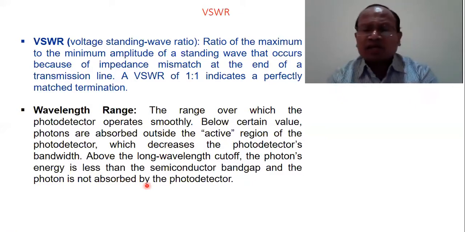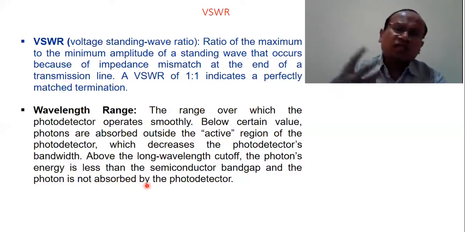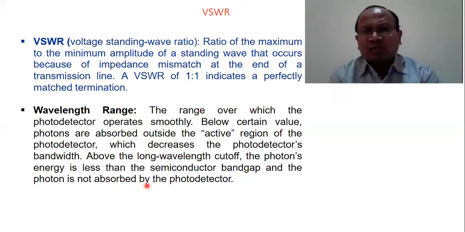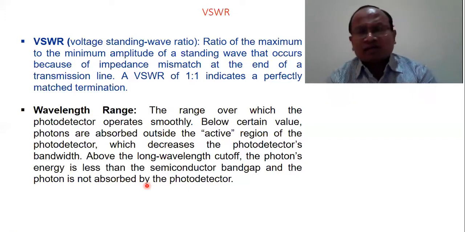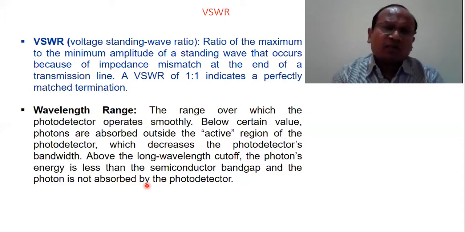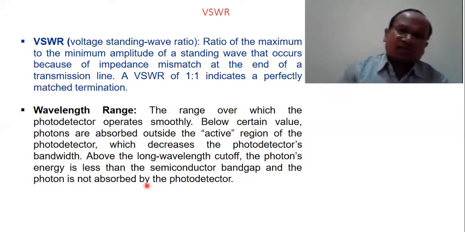There are a number of them, out of which we have discussed the major characteristics like 3 dB bandwidth, CMRR, responsivity, and conversion gain, which are important characteristics of any optical detector.